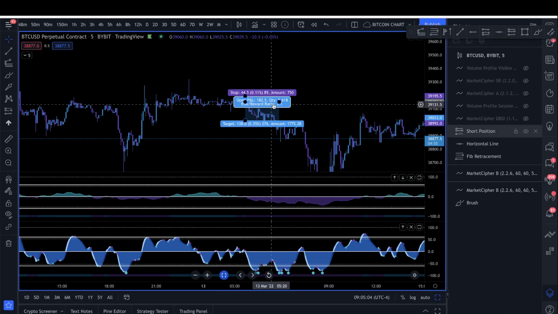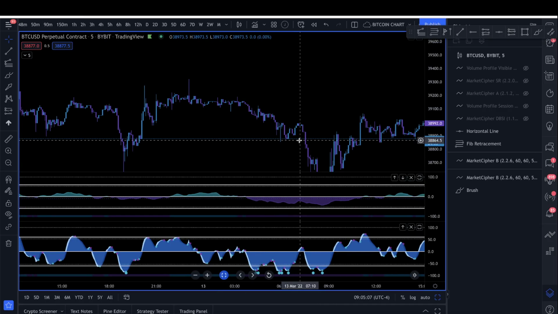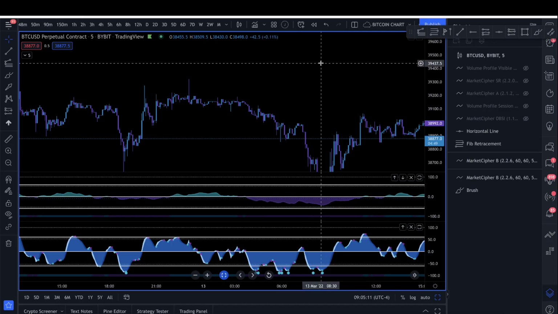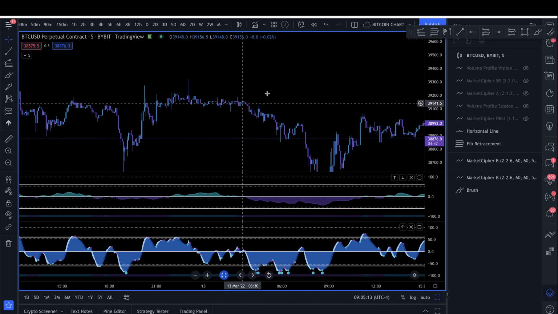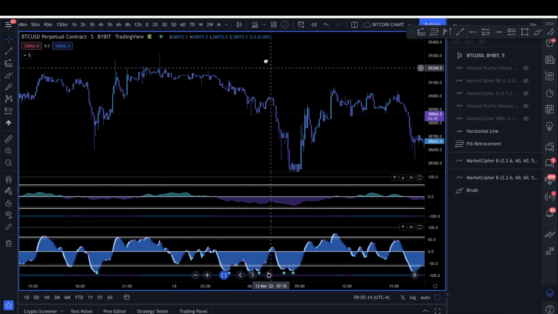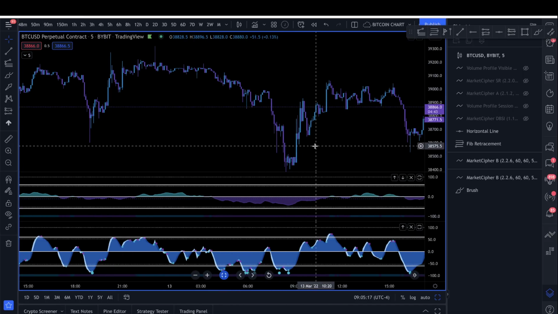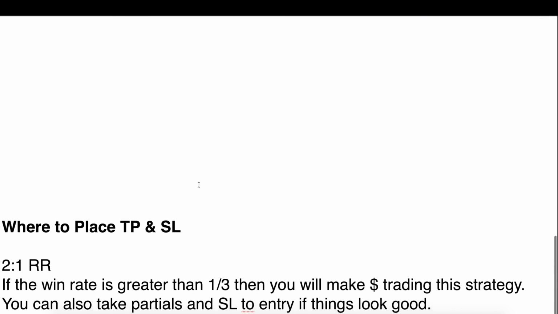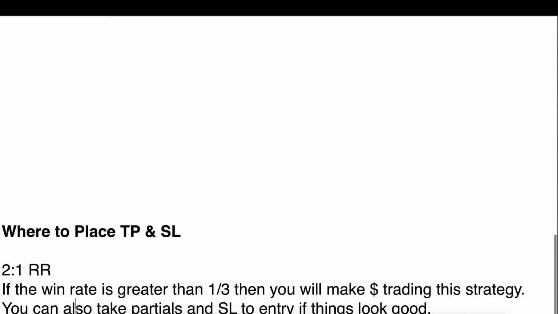So let's talk about how to guarantee a winning trade if, for example, you are noticing that a lot of times these trades are really running, but you're missing the majority of the move. So here's what we can do. We can take partial profits and move the stop loss to entry if things are looking good.